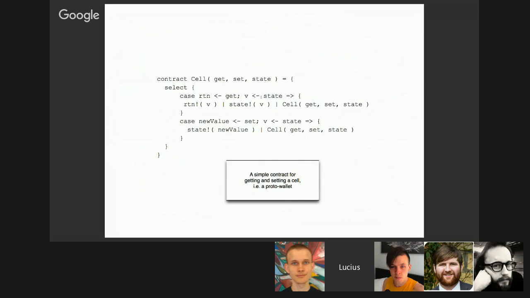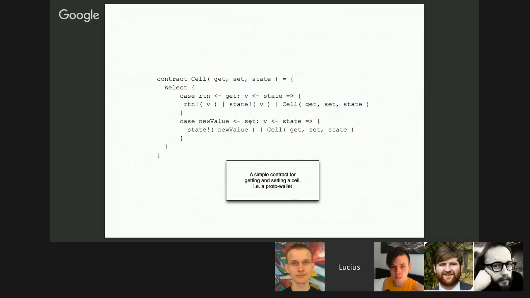If we're able to get these, then on the return channel we'll send V, which is the value that's in the state channel, and we'll republish V back to the state channel, and then we'll run the cell again. That's a very simple-minded way of doing that.